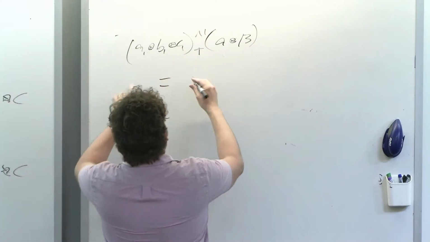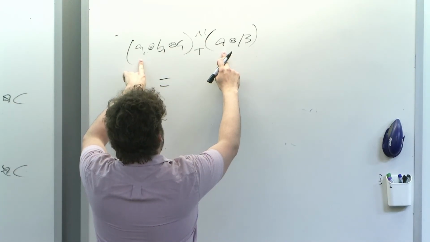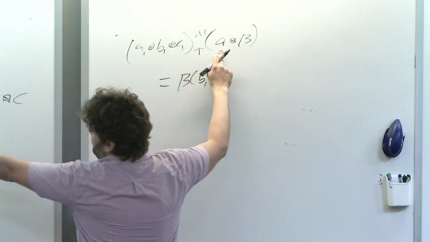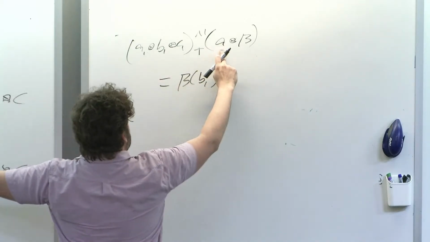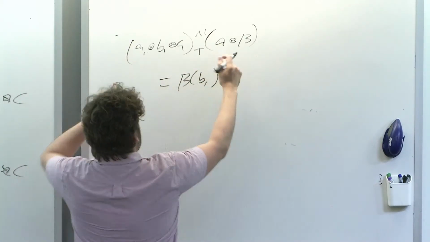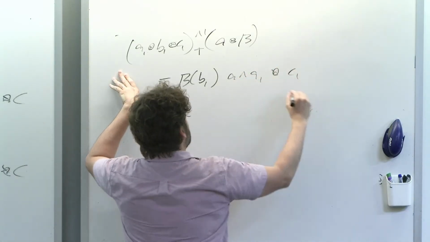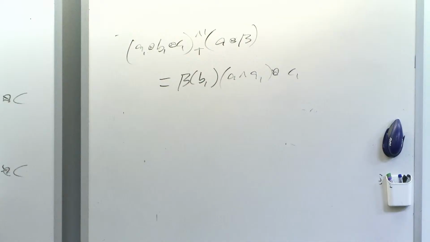And well, what do I get? I get beta of B1, and this A just comes along for a ride until I wedge it with A1 at the end, so I get A wedge A1 tensor C1. Okay.